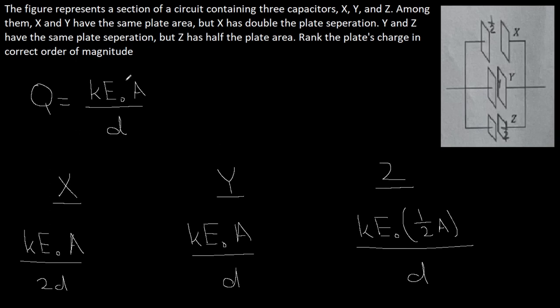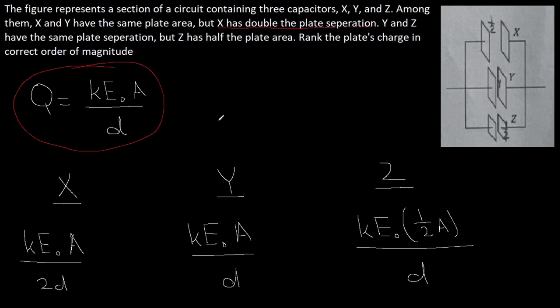Now, for this problem, the main formula that you use to solve it is this one, where the capacitance is the K constant times the electricity constant times the area divided by the plate separation. I split up the problem into the three different capacitors, and for X, the question states that X has double the plate separation, so you multiply the separation here by 2.